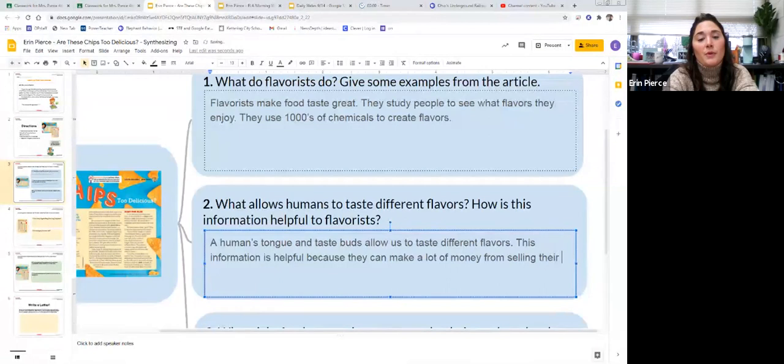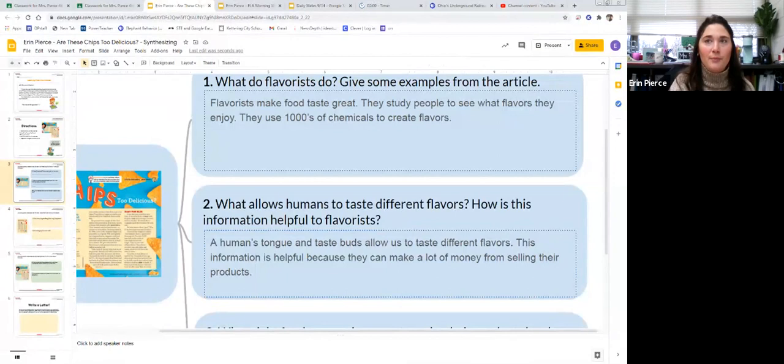their products. Okay. And you don't want to eat a bitter tasting potato chip. Bitter is very uncomfortable and you don't like it. Just like if I ate candy that was flavored like, I don't know, something gross like a turkey sandwich, I probably wouldn't eat that because that's not what I'm expecting to eat.